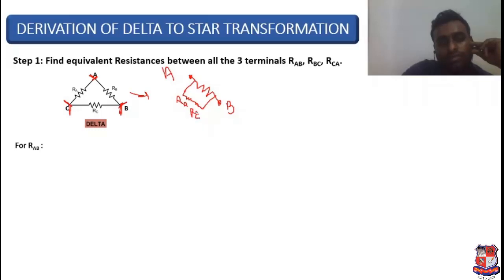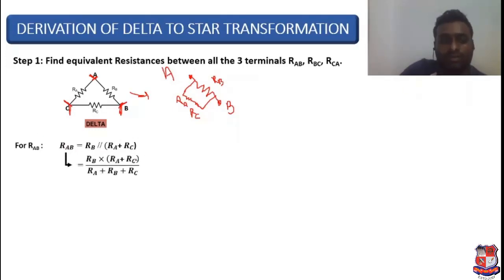Okay, so it means that the series of RA and RC is connected in parallel with RB. So RAB will be equal to RB parallel with RA plus RC. Very simple. So this will be the final answer. For a parallel connection, whenever we write it, it is the product of the terms divided by the total addition. Similarly, this will give us equation number 1.